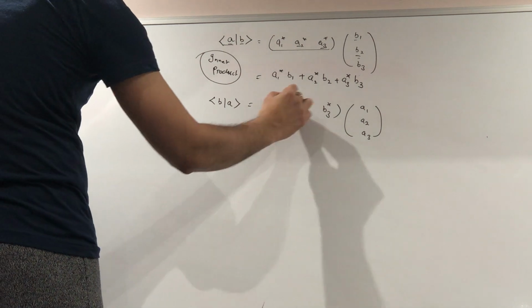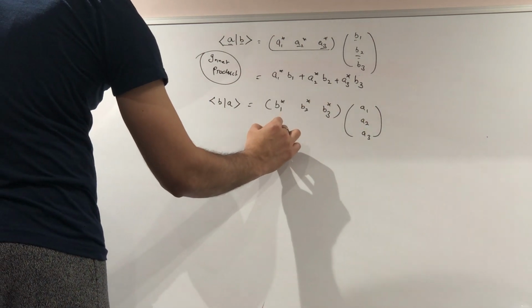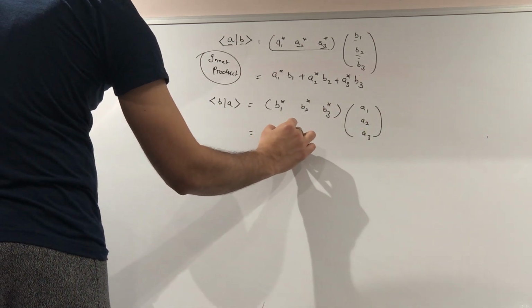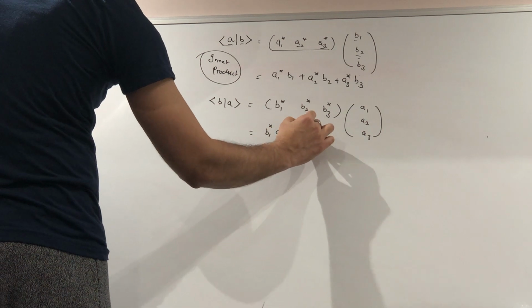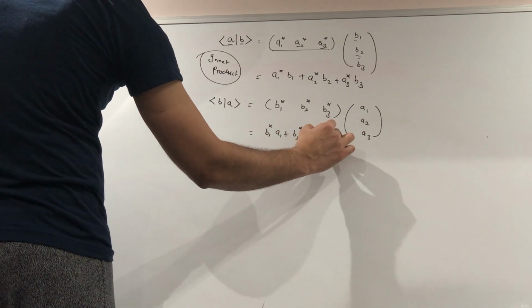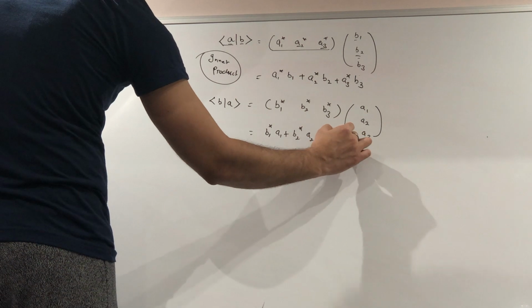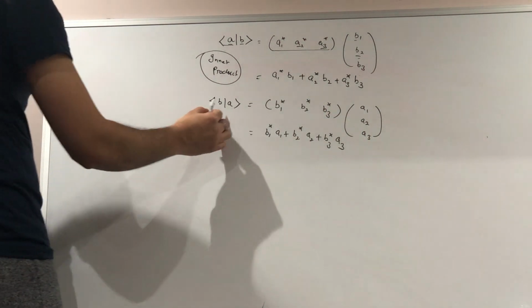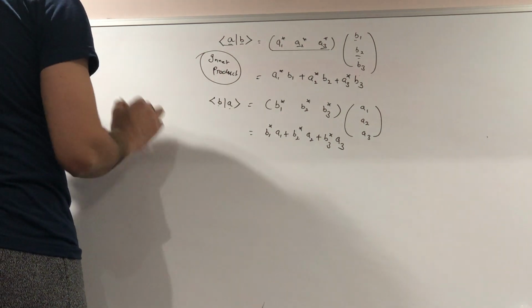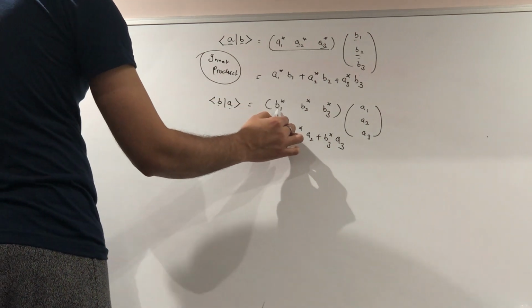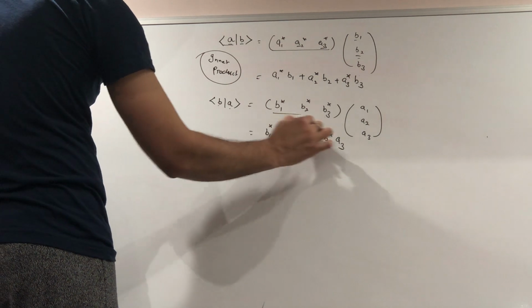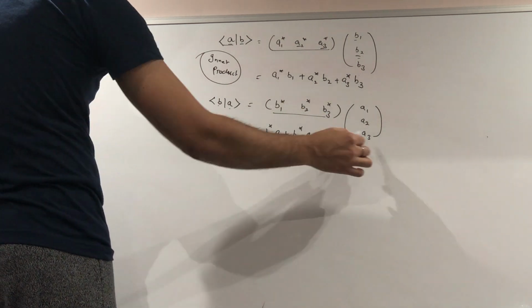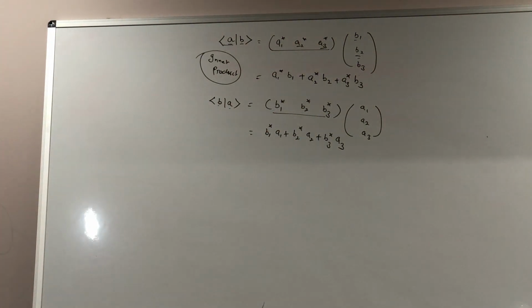So when I solve this, this will be B1 star A1, B2 star A2, B3 star A3. So this is how we solve that. Remember, when I am finding the inner product of B with A, I will write the elements of B like this, as a bra vector, bra state, and this is a ket state, and this is how to solve that, right?